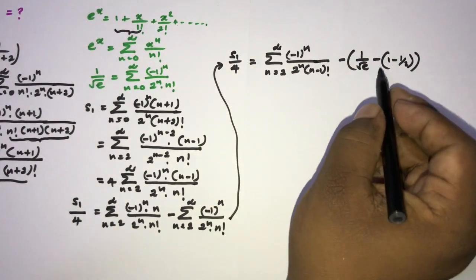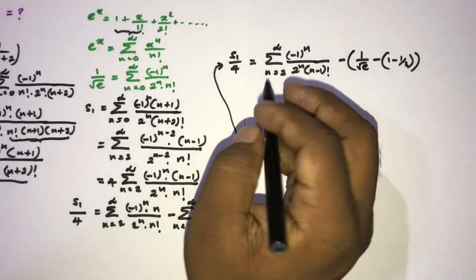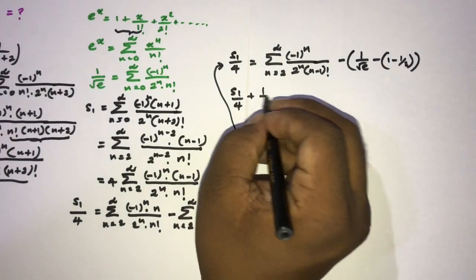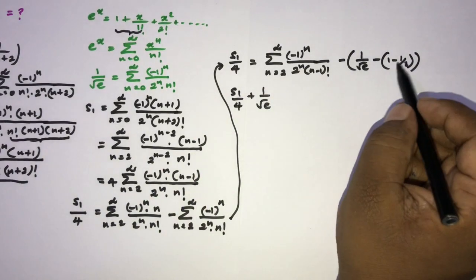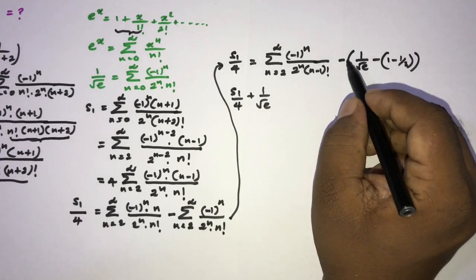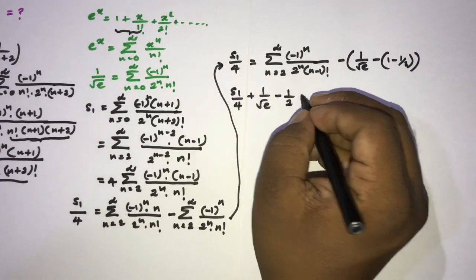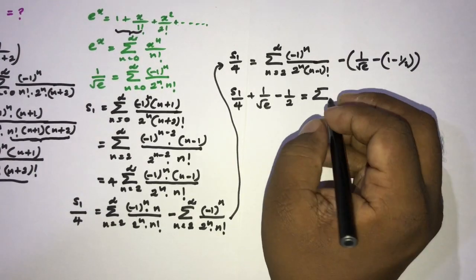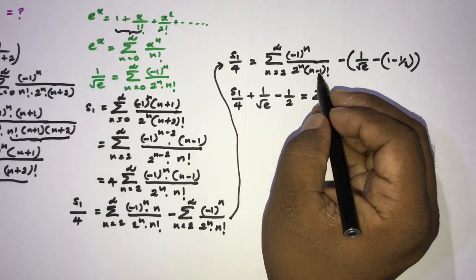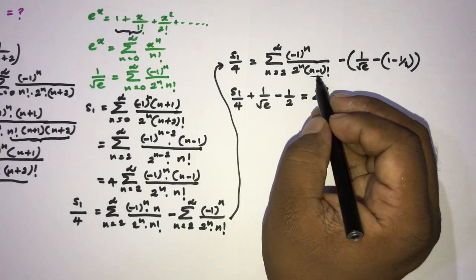Okay, then we can take this part to the left hand side, so S1 over 4 plus 1 over square root of e, here 1 minus 1/2, we know 1/2 minus 1/2 minus, so plus 1/2, is equal to, here we have now n minus 1 factorial, so now I need to also change this part to n factorial.